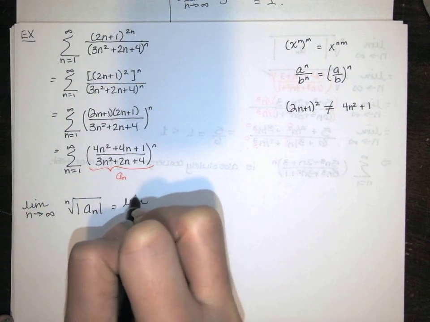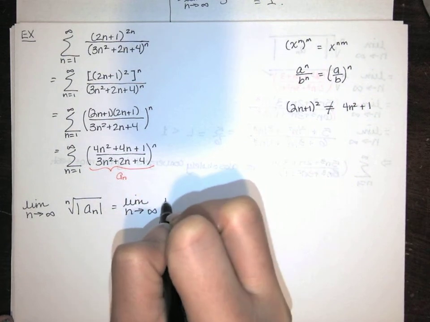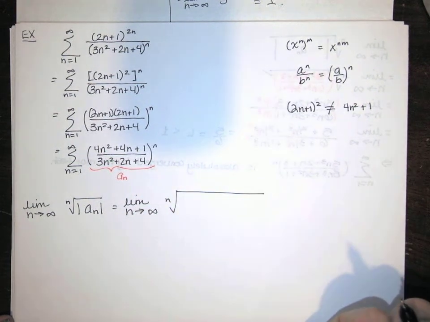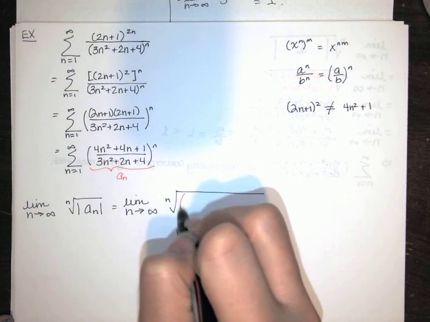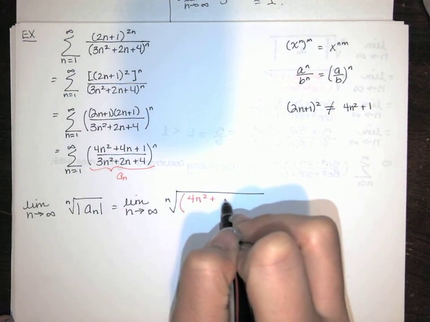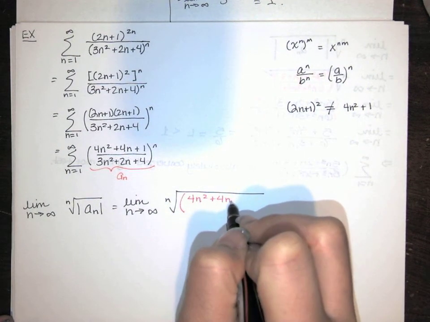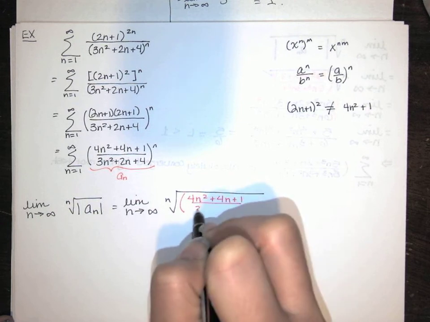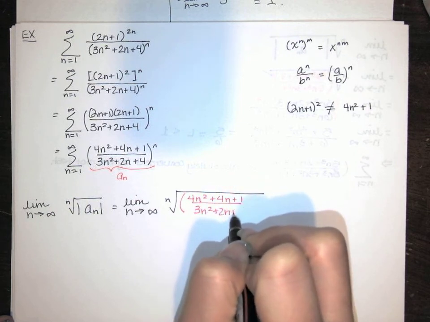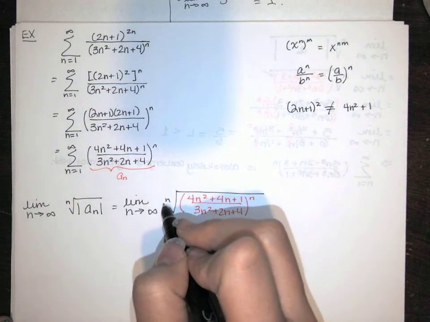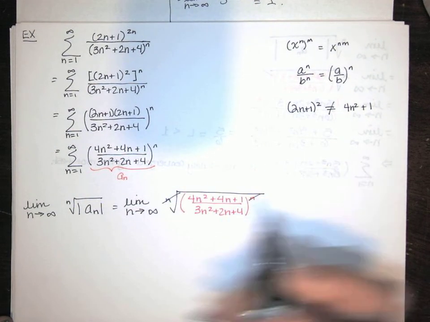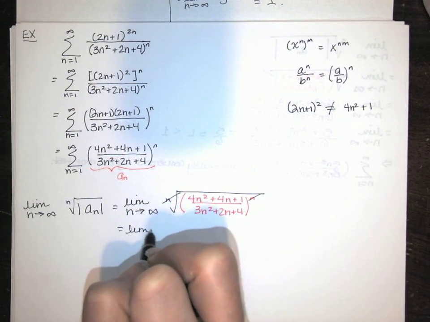We have the limit as n goes to infinity of this. That's positive all the time, so the absolute value is not necessary. So I'm replacing a sub n with all of that to the n. And remember, the nth root and the nth power undo each other, and we're left with this.